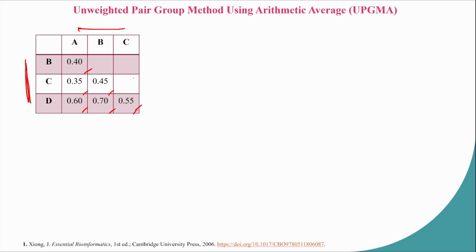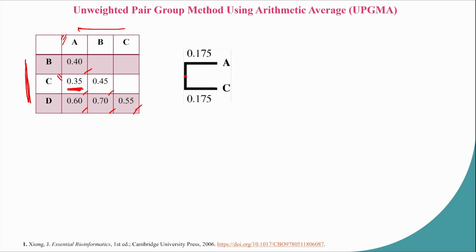If you look at this matrix, you will see that 0.35 seems to be the lowest value in this distance matrix, and 0.35 corresponds to A versus C. So first you place the node between A and C, and they have a common point here.